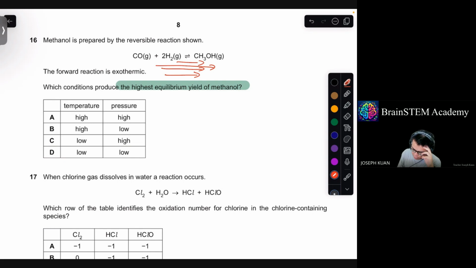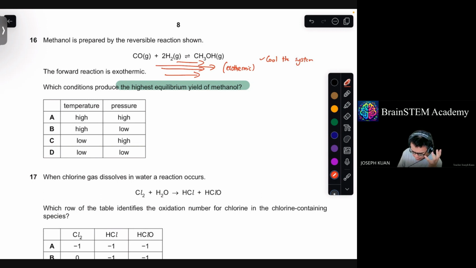So because the forward reaction is an exothermic reaction, in order to favor the forward reaction, you will have to cool the mixture, or should I say cool the system, a better word for that.